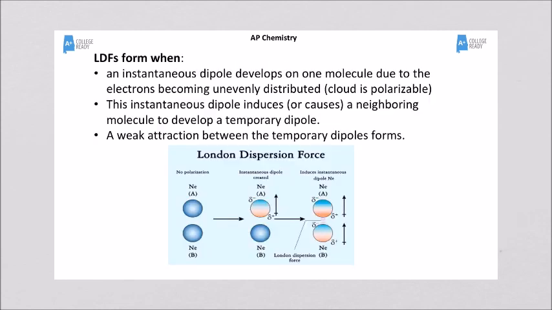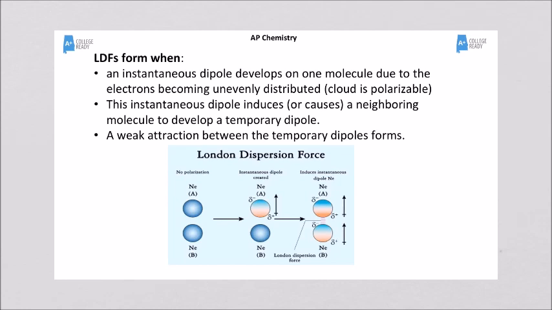So what is really going on here? If you look at the graphic, it makes the wording probably easier to understand. If we have an atom, as we see neon here in A, the electrons in the cloud of this atom just become unevenly distributed.